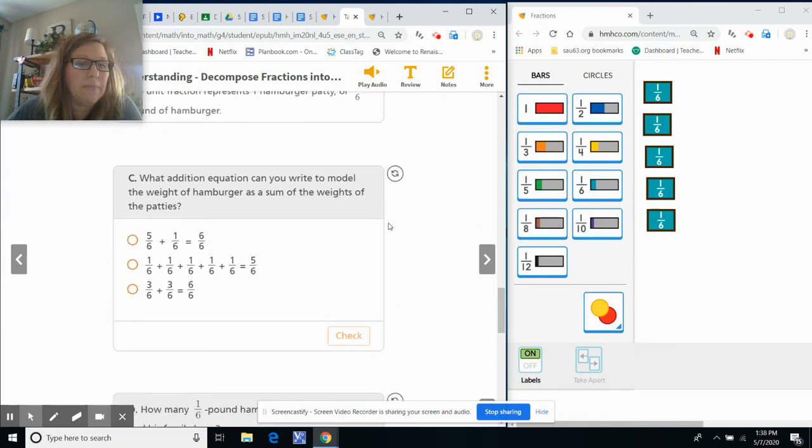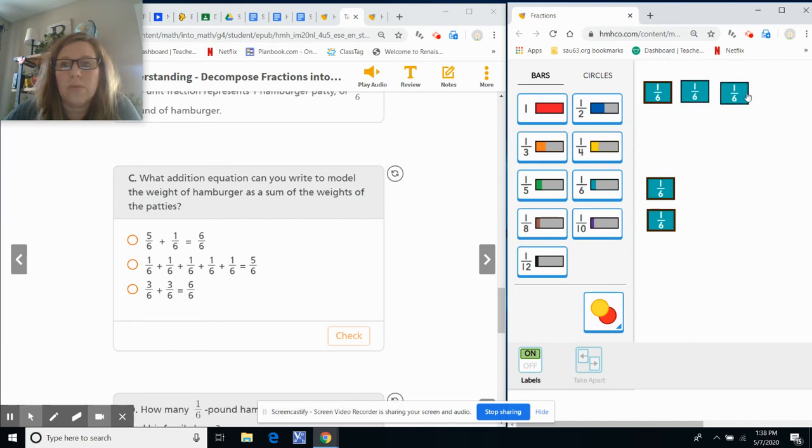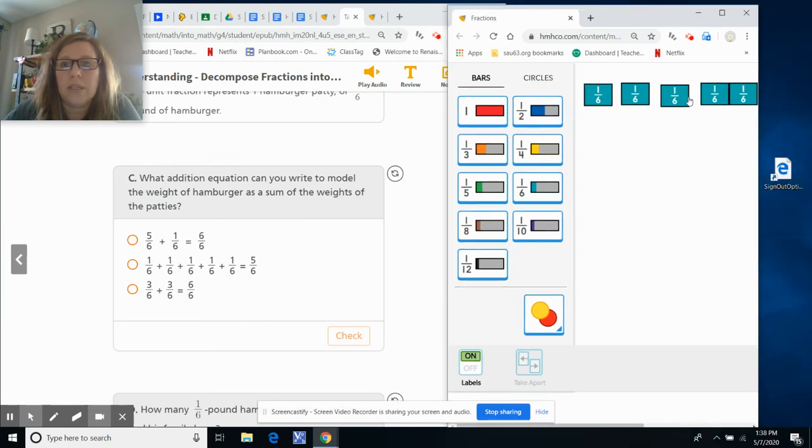All right, let's go to C. It says, what addition equation can you write to model the weight of the hamburger as the sum of the weights of the patties? Well, remember what we did in the last one. If I were to set this up in equation form, you could put addition signs in between each one of these.